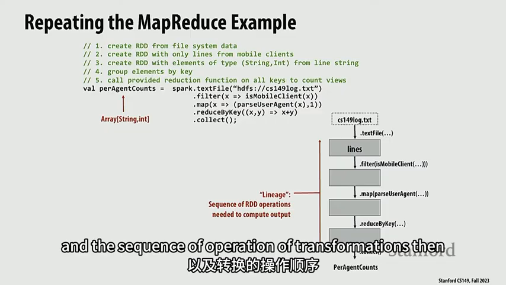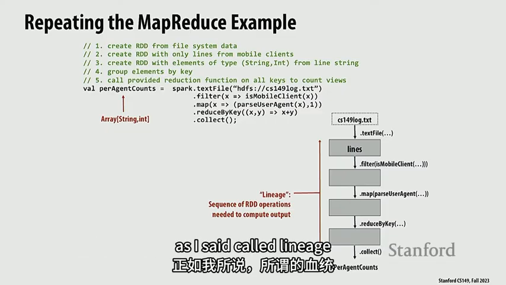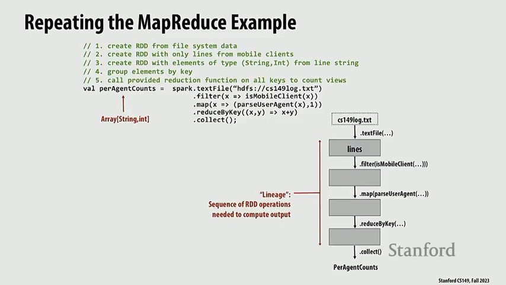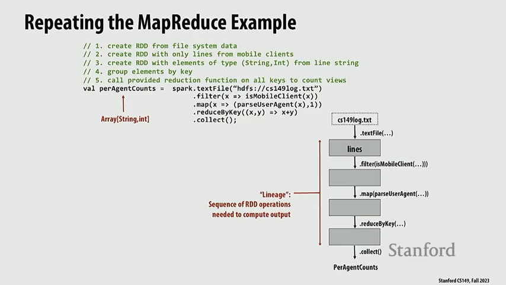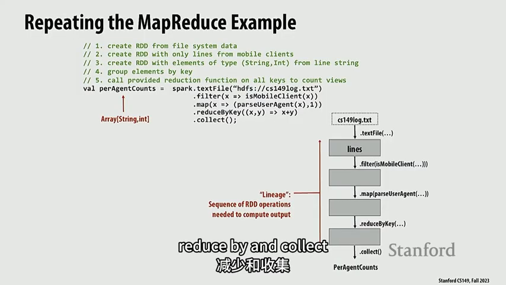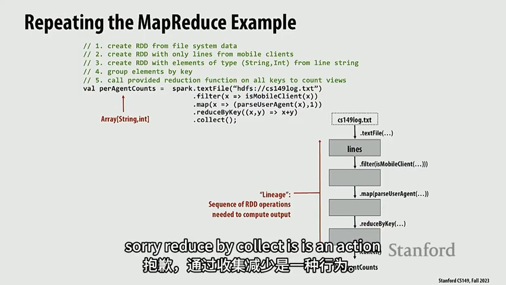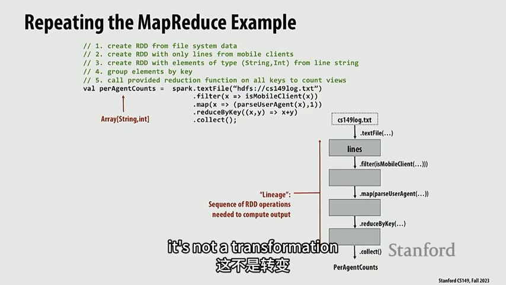And the sequence of operations or transformations is, as I said, called lineage. Right, so in this case you do your operations of filter, map, reduce by, and collect. Sorry, reduce by; collect is an action. It's not a transformation.